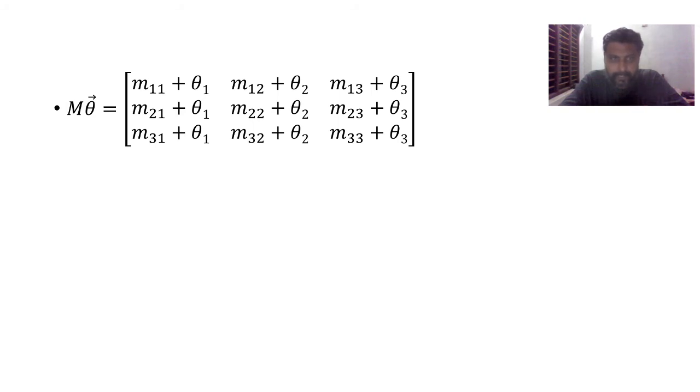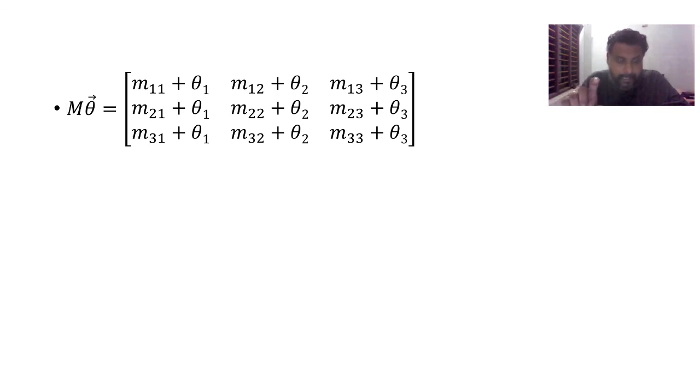The second row is m21 θ1 plus m22 θ2 plus m23 θ3. And the third row is m31 θ1 plus m32 θ2 plus m33 θ3. So the matrix that I have shown here for M into θ is wrong. Just change this matrix.